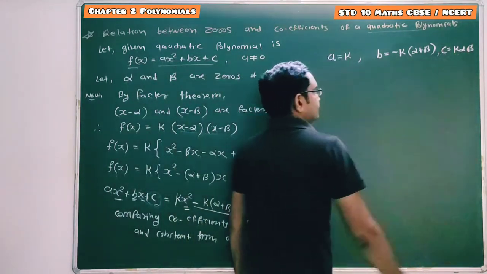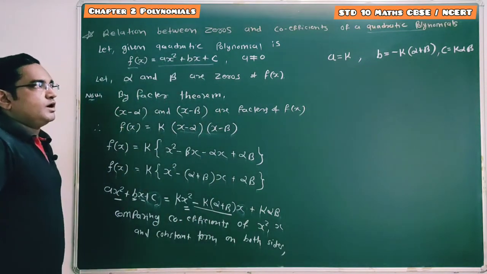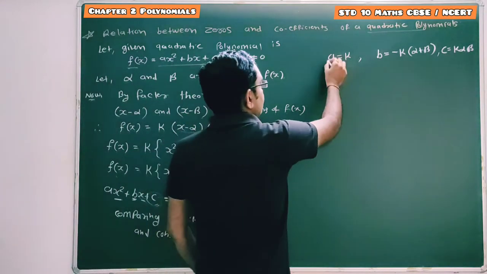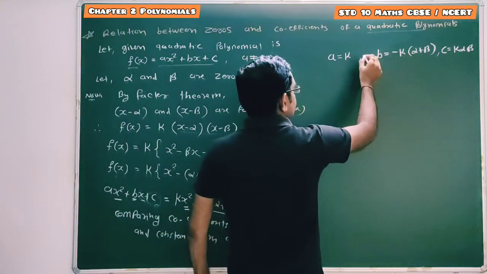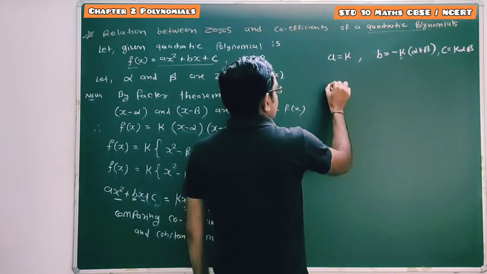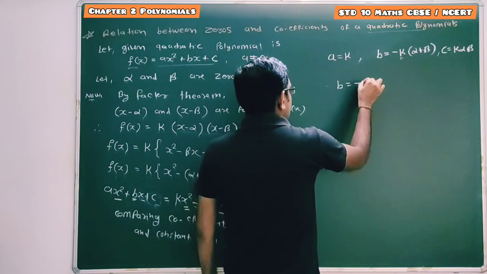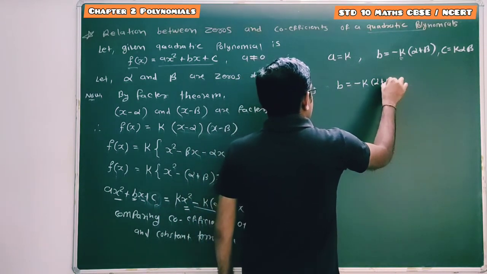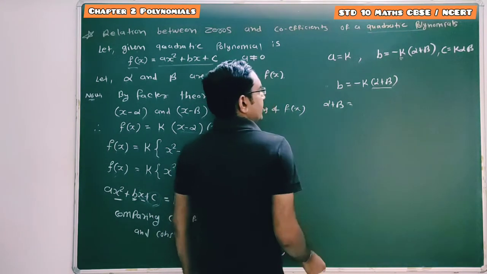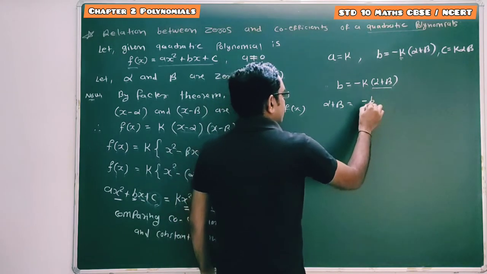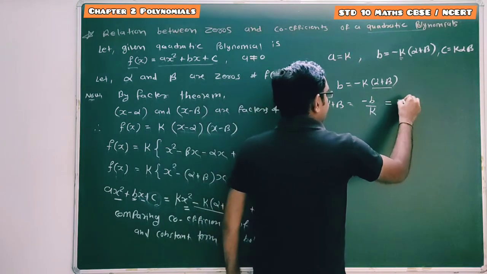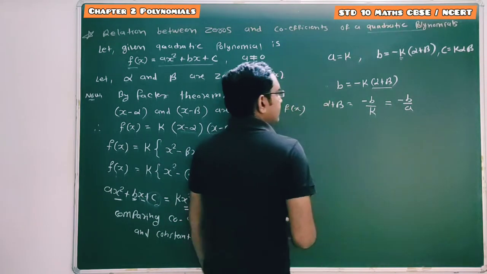Clear? So now we have to find the relationship between zeros and coefficients. Here a equal to k, so we can replace this value of k with a. Therefore if b equal to minus k of alpha plus beta, we can write alpha plus beta equal to minus b by k, and replace this k with a, and therefore alpha plus beta equal to minus b by a.